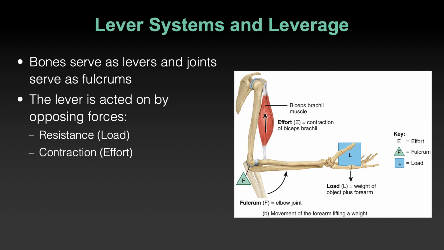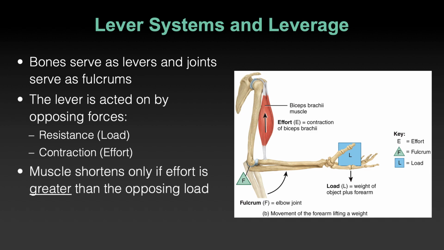I can create a greater contraction force in my bicep, close that joint angle. Or I can lessen the effort and my arm would fall. The muscle will only shorten, it will only contract and shorten if the effort is greater than the opposing load.